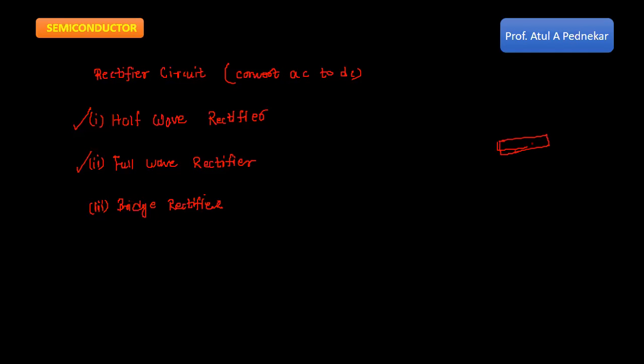A small box comes where your 2-pin socket plug goes, along with an adapter which has a button. If you press it, the pattern of the lighting will change. Have you seen? If you press this button, the pattern of the lighting will change. So inside this box you will find a transformer as well as a rectifier circuit. Are you all clear, students?